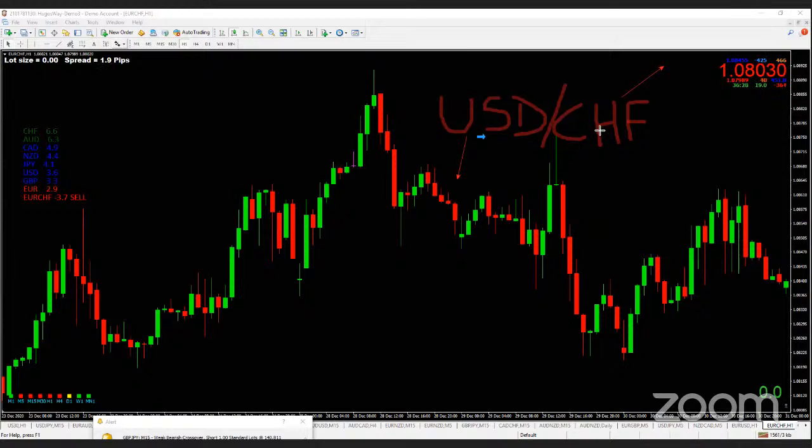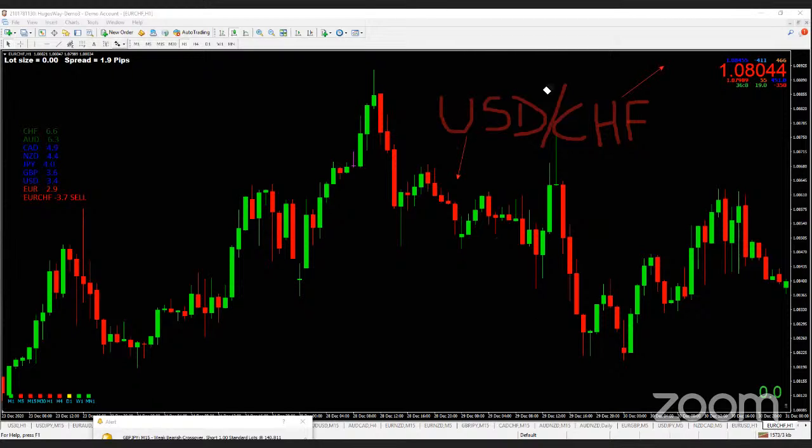So the CHF is the strong one, the USD is the weak one, and pairing them together, it basically means, because USD is the base currency and it is the weaker one, we are going to expect it to be going down.